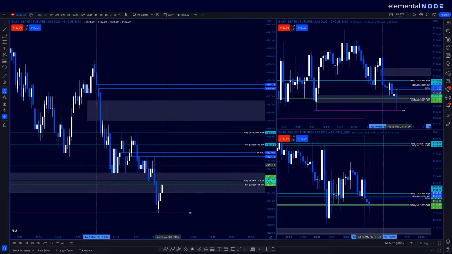Alright, let's see if this acts as resistance. Keep in mind those relative equal highs at the 15-minute imbalance.